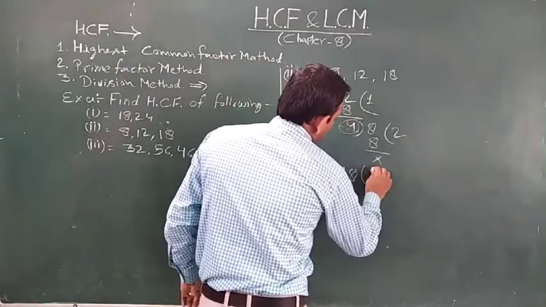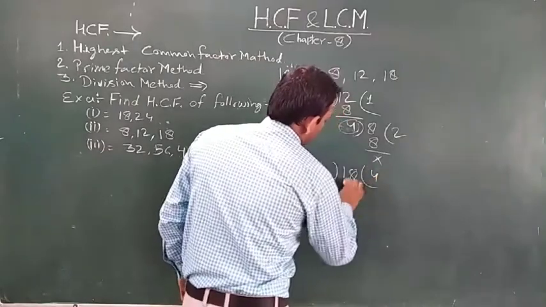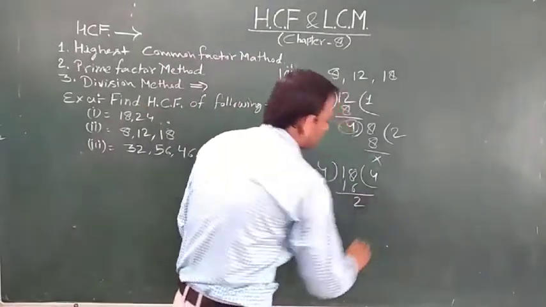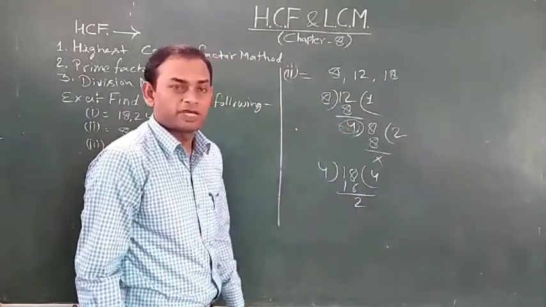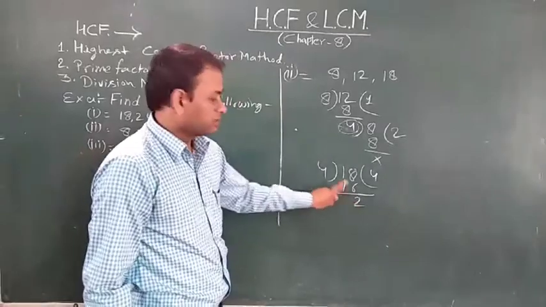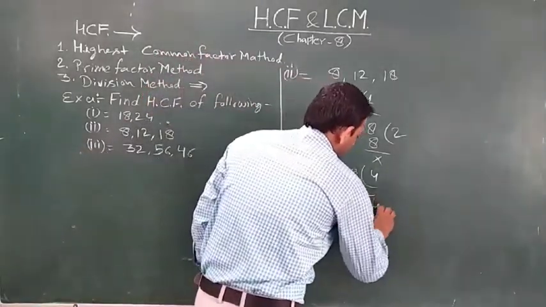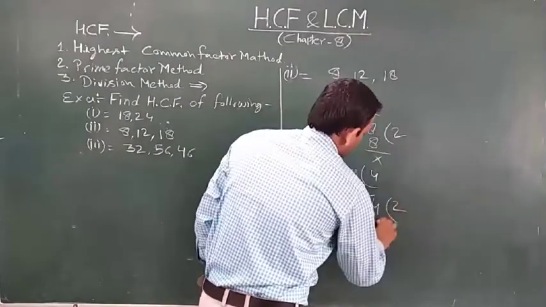4 fours are 16. What is left? 2 as a remainder. Again the same thing we have to do. This remainder becomes the divisor, and this will come here as a dividend. 2 twos are 4.